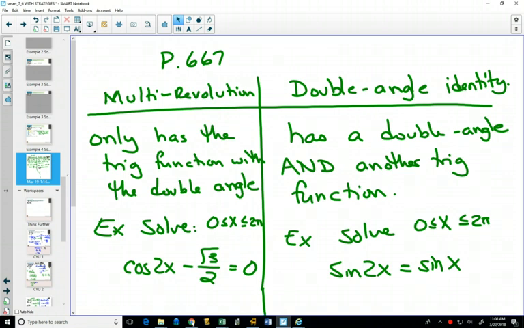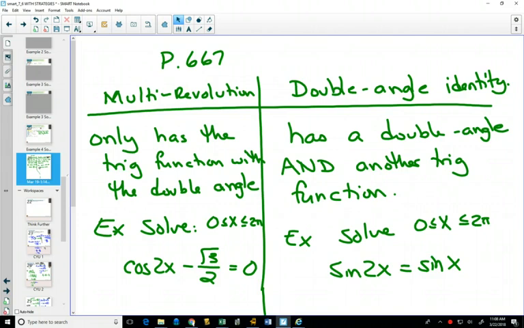So for the multi-revolution questions that we've done so far, you'll know it's a multi-revolution question when the only trig function that you have is the double angle. So in the example that we have there, cos 2x minus root 3 over 2 equals 0. There's only one trig function in that entire equation, and it has a double angle.